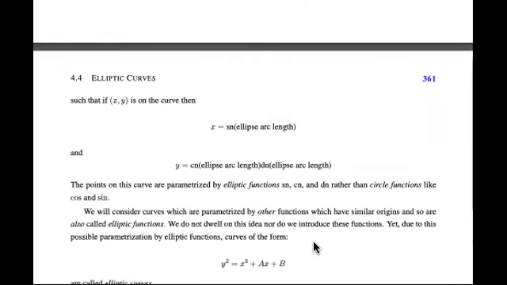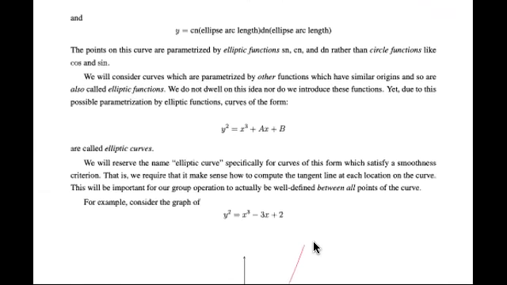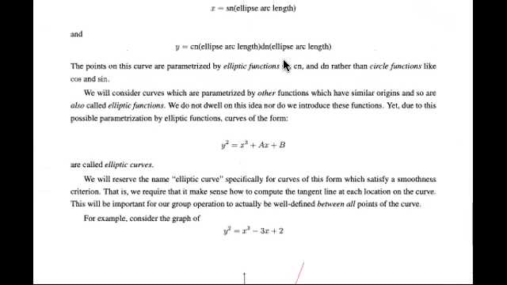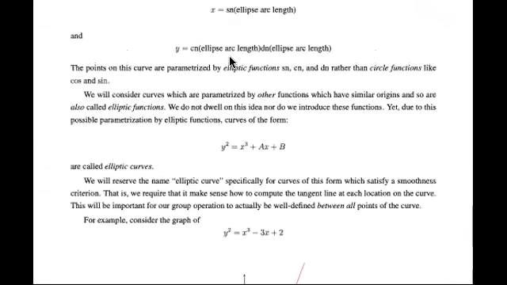Okay, but we're going to be taking a look at other functions which have similar origins. They're parameterized by functions, not necessarily the same ones, Cn, Dn, and Sn, but functions that are similar to these, or that come from similar places with arc length, and so we're going to again call them elliptic.